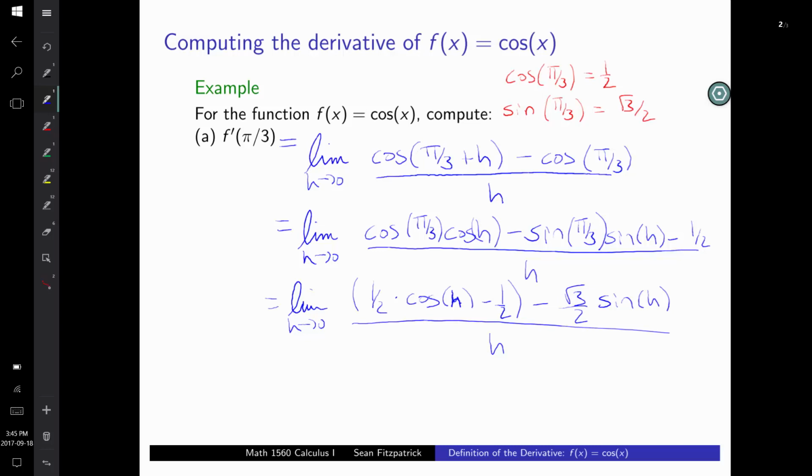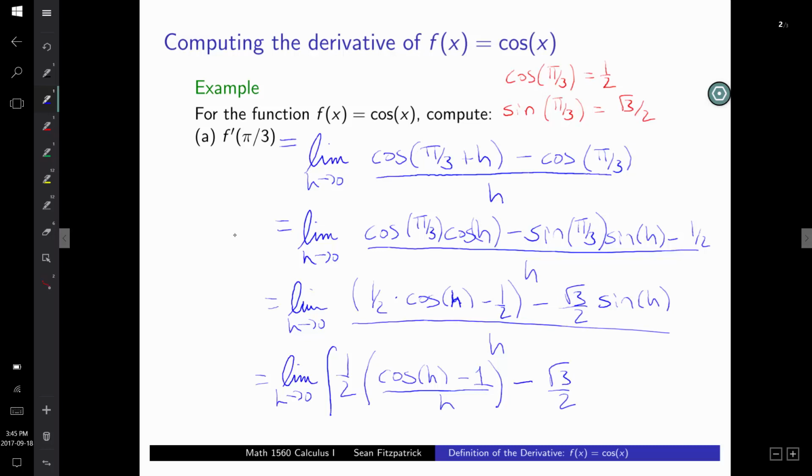So I'm going to split this up into two limits. The limit as h goes to 0 of, in this first one I'm going to pull out a 1/2. I've got a common factor, right? 1/2 here, 1/2 here. I can factor it out. That leaves me with cosine of h minus 1 all divided by h, minus, and then my other one I've got root 3 over 2, and then I've got sine h over h.